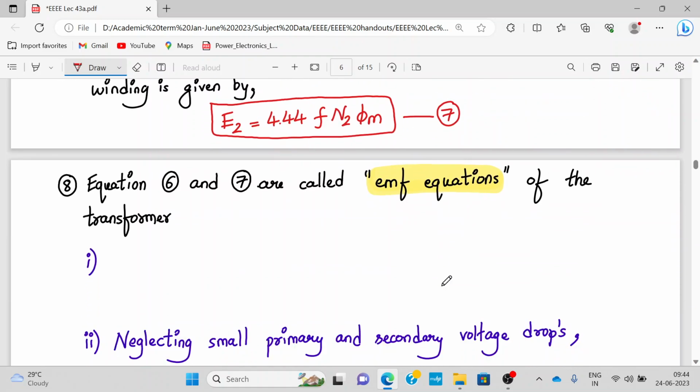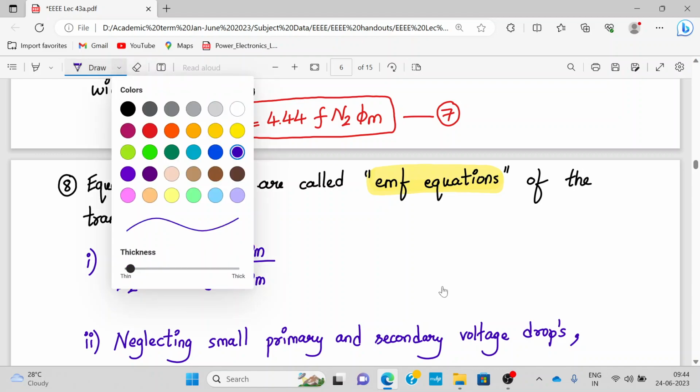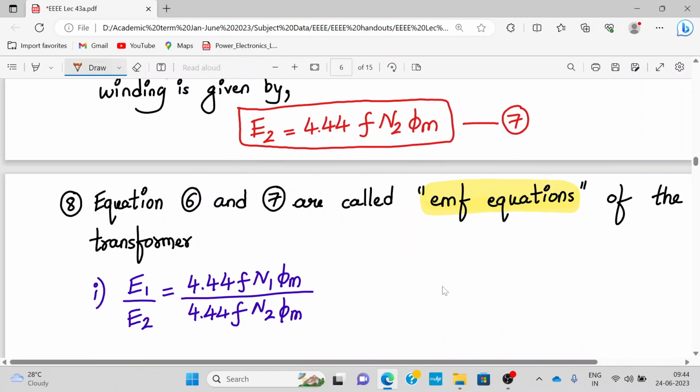Now, a little bit of observation. If I divide E1 by E2, E1 is 4.44 F N1 phi m, and E2 is 4.44 F N2 phi m. What cancels out? It is very obvious now: 4.44, frequency and phi m cancel out.